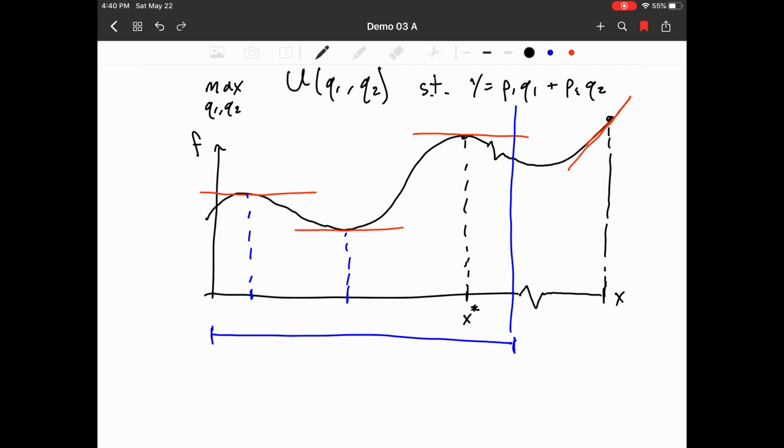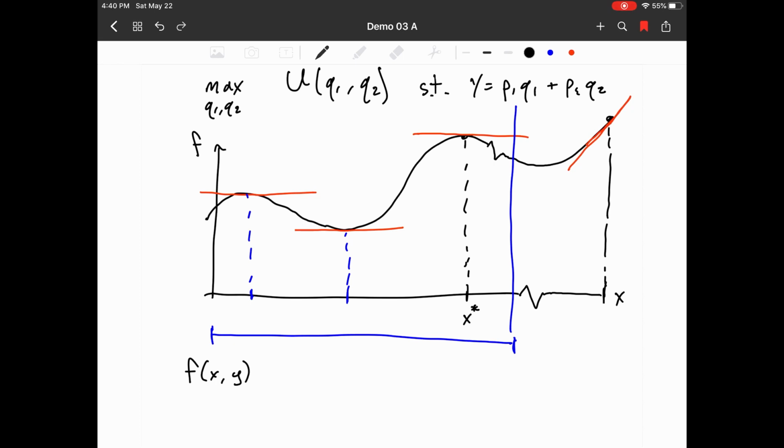Before we talk about the function we actually are aiming to maximize, let's just set up a two-variable version of what we've done graphically. So let's say we have some function f which takes x and y, and we're trying to find the maximum.